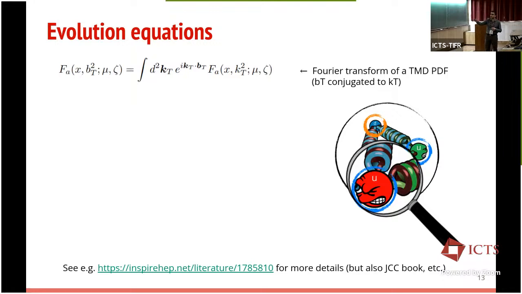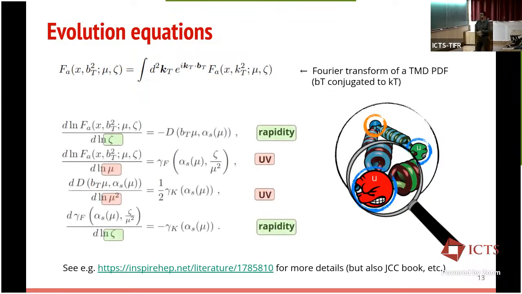So you take, I'm using now capital F for labeling a generic TMD distribution function. You have a TMD distribution in momentum space, and you Fourier transform it to BT space. BT is the Fourier conjugated variable with respect to KT. There are 4 kinds of equations that you have to take into account.